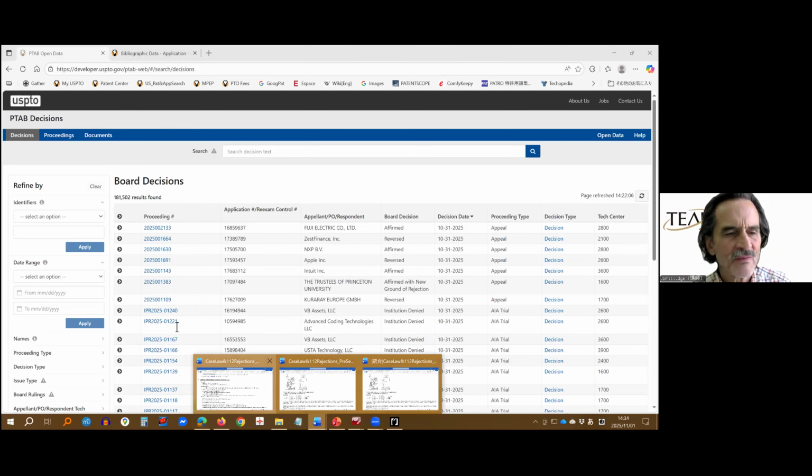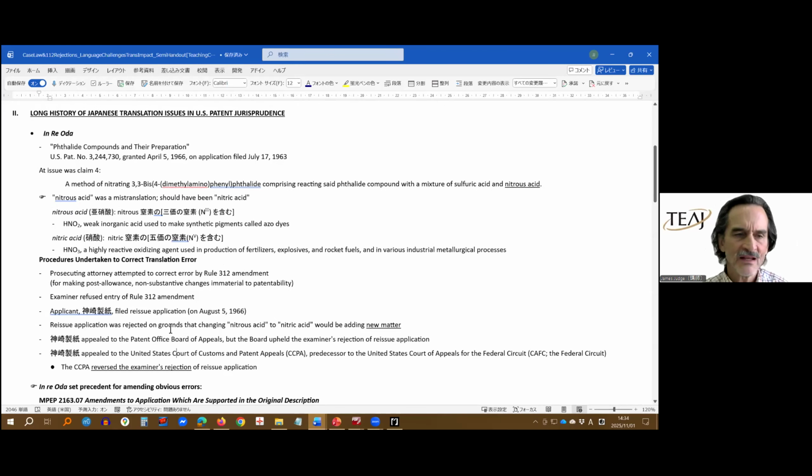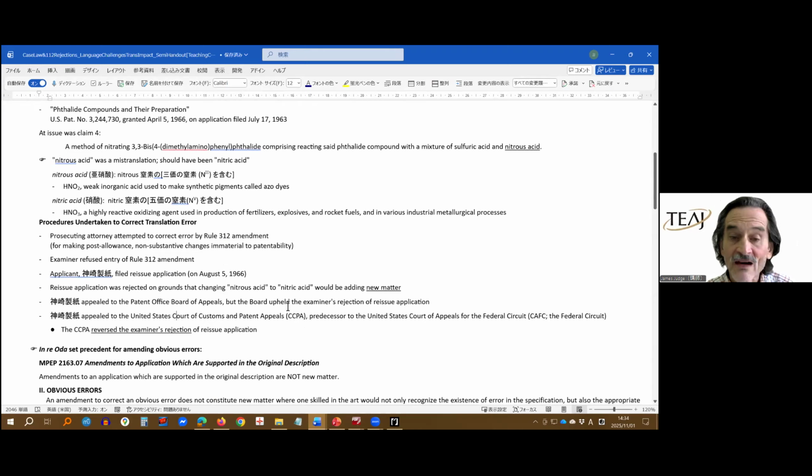But anyway, so not to go on too much about this, but the outcome really is that the board, the Patent Office still sided with the examiner, and they rejected the appeal, and they upheld the examiner's rejection.